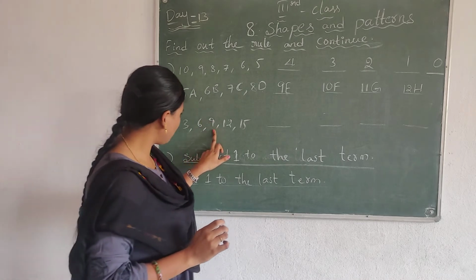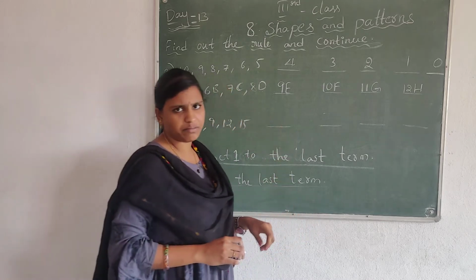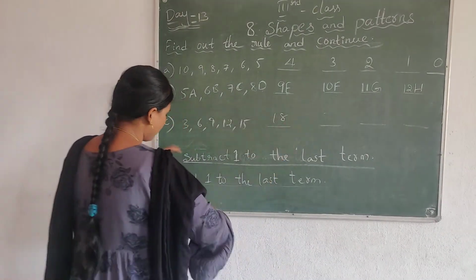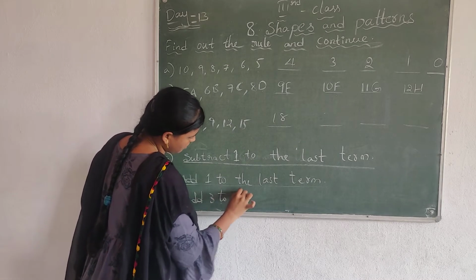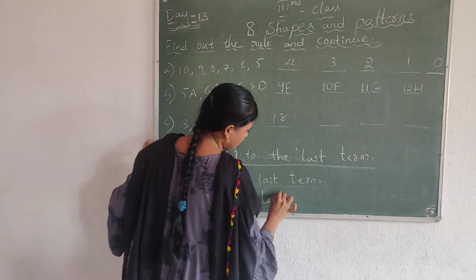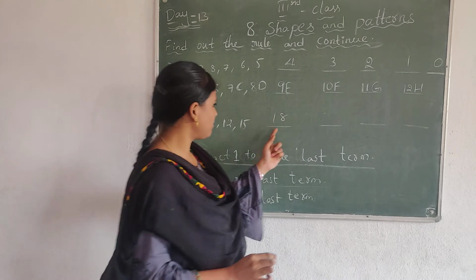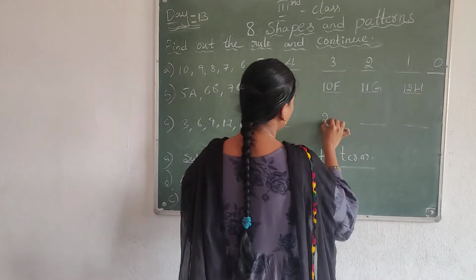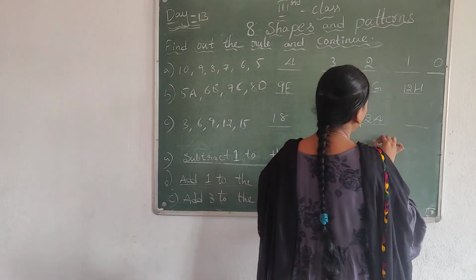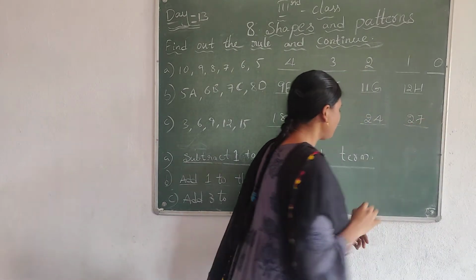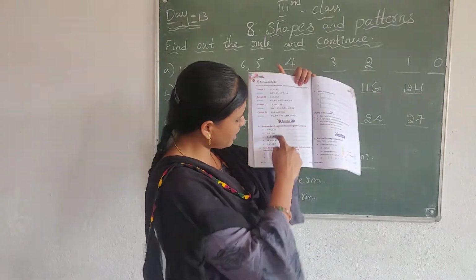So add 3 to 6, that is 9. 9 plus 3 is 12. 12 plus 3 is 15. Add 15 plus 3.